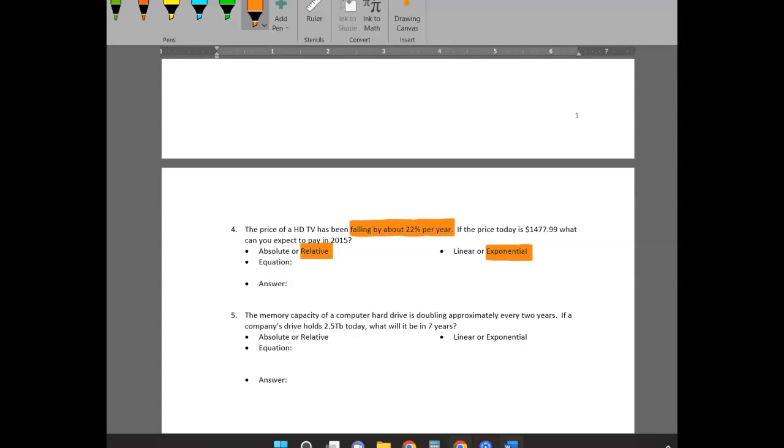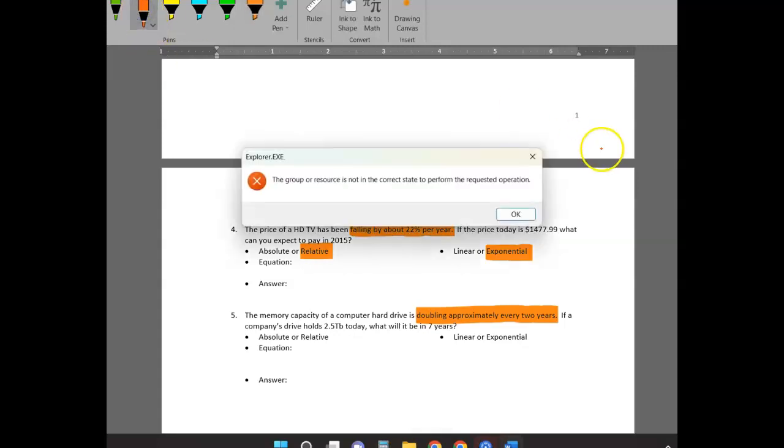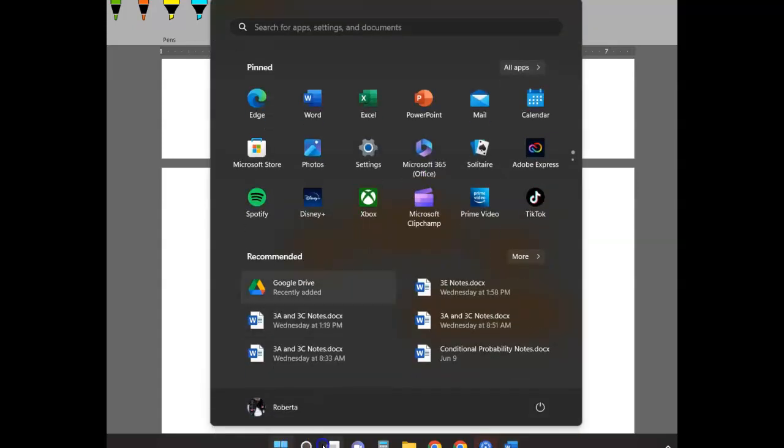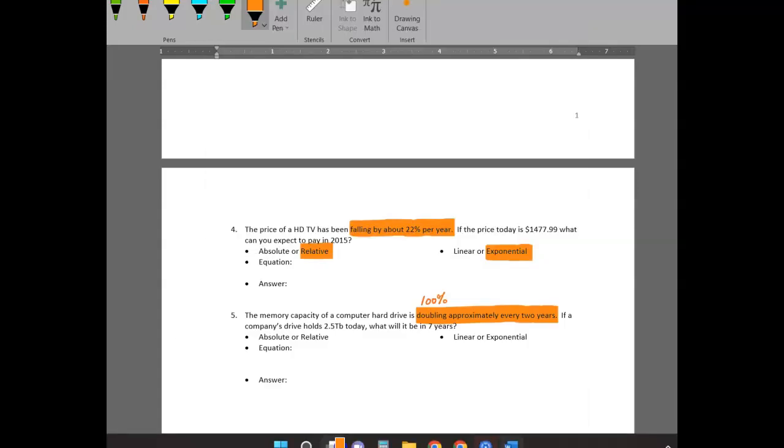And then for the last one, the memory capacity of a computer is doubling approximately every 2 years. You recall from our talk about percentages, doubling is the same thing as 100%. So we know that this is exponential, while it's relative.